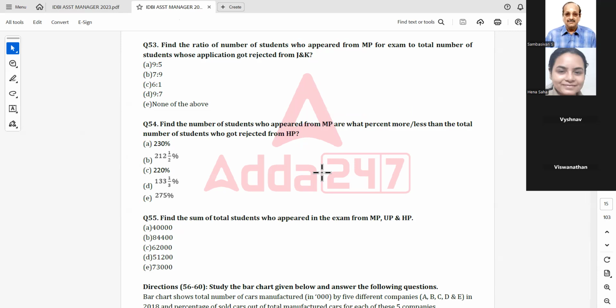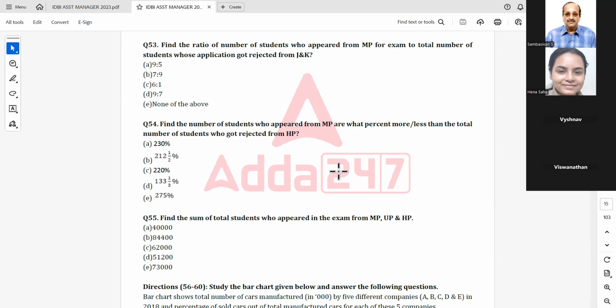Question is, how much percentage more? 30 by 18 into 100. So here 600 by 3 is equal to 200. I am getting 200%, but there is no 200% here.